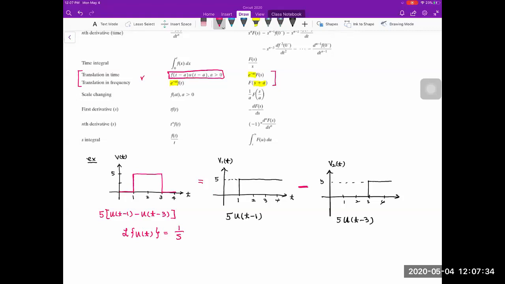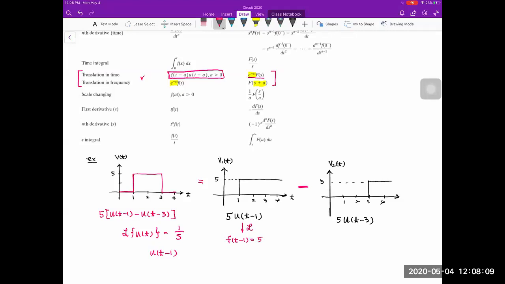When you use the translation in time, the first thing you do is look at the right-hand side. What is the format of this? Let's say I do a Laplace transform of this. I'm going to do the Laplace transform on this one here. So what is the f(t minus a)? f(t minus a) is 5 as a constant.